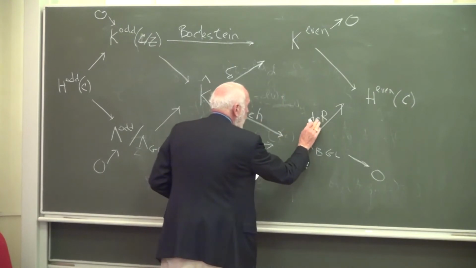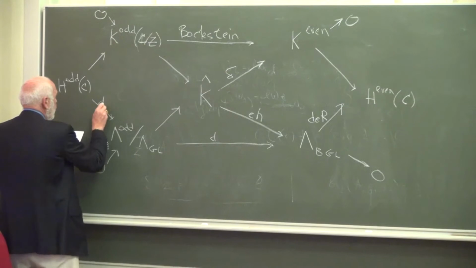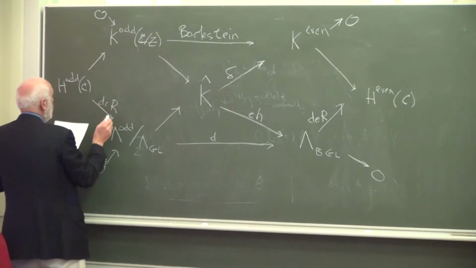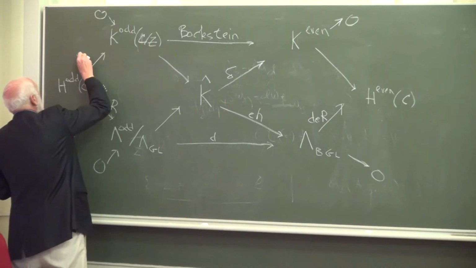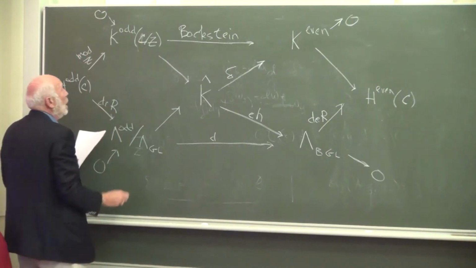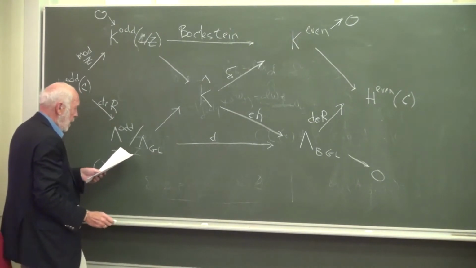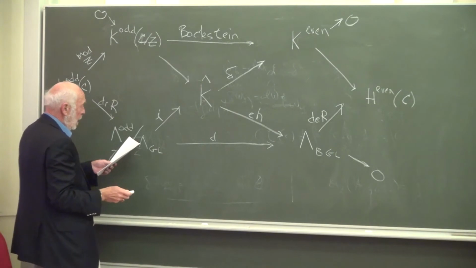It's a de Rham map. This is a de Rham map. This is just mod Z. This is I. And this is J.